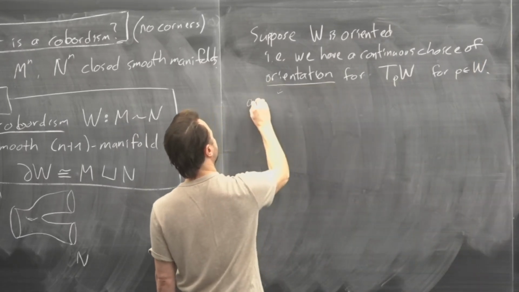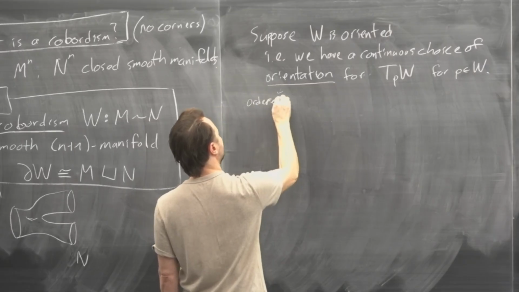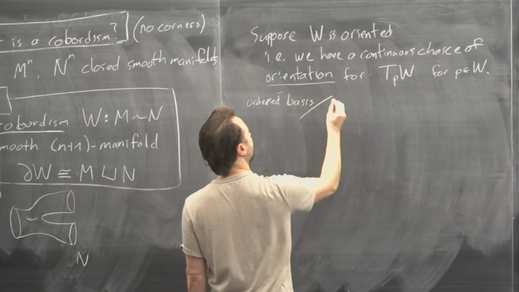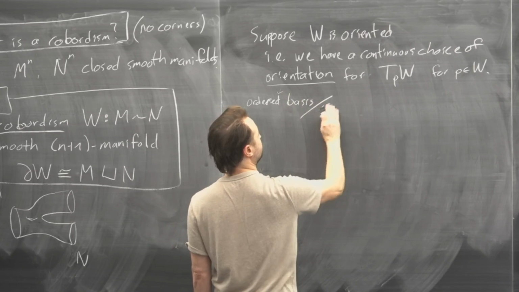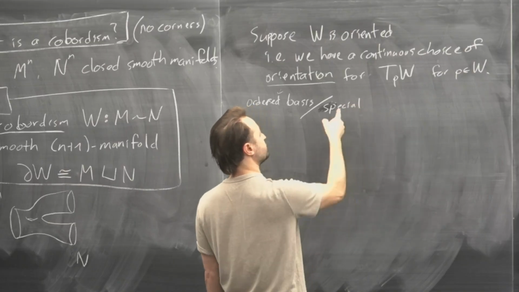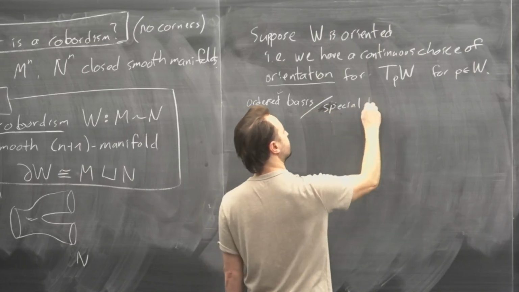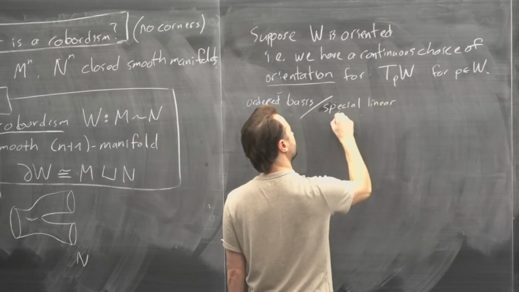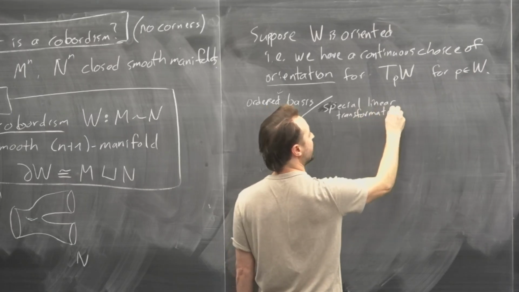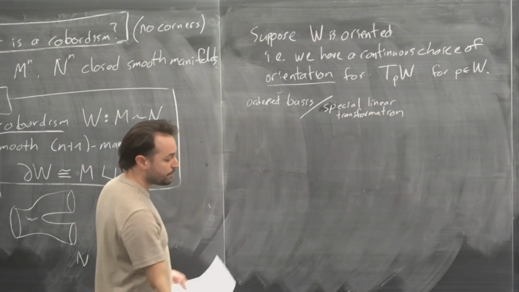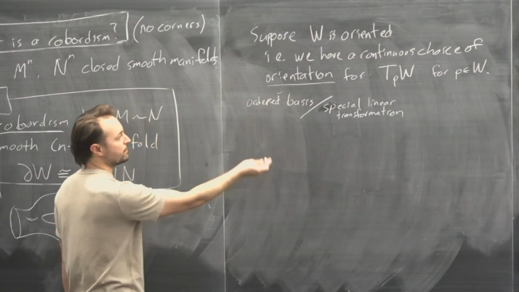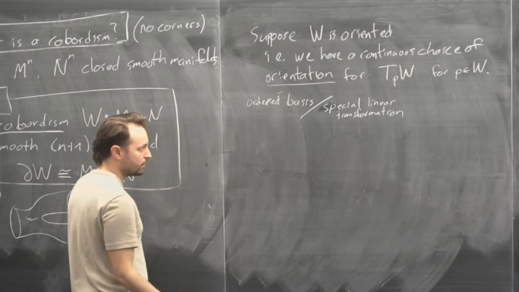Recall this is an ordered basis, modulo orientation-preserving transformations, so special linear transformations. These are the transformations that we think of as being orientation preserving. In order to specify an orientation for a fiber, it's enough to specify an ordered basis.